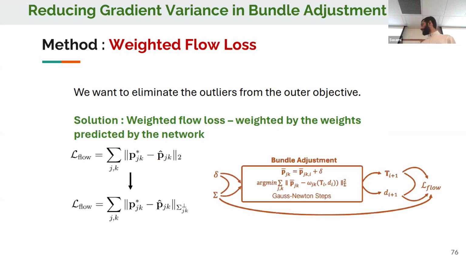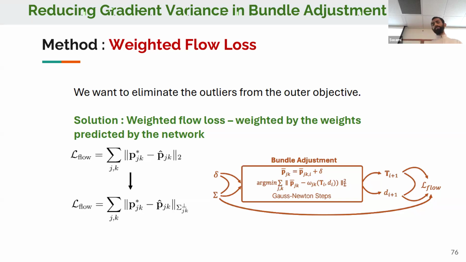But as it turns out, a much simpler approach, where we just use the confidences predicted by the network to also weigh the flow objective in the loss, works much better than most of the heuristics we tried. What this suggests, and what we also observe, is that the network, in some sense, learns these confidences much faster than it learns the correspondences themselves, because outlier detection tends to be a much simpler problem than predicting the correspondences or the flows themselves.